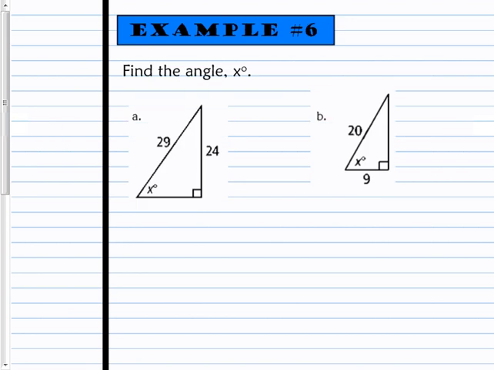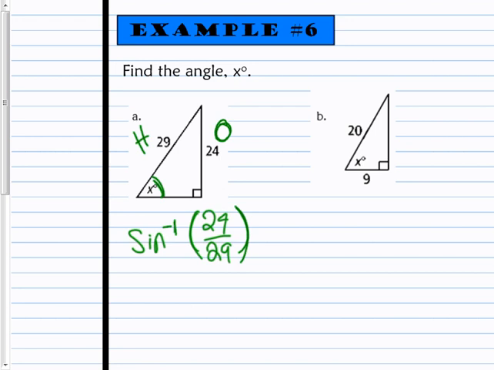Find angle x. From the perspective of this angle, this is the hypotenuse, and this is the opposite side. So we're going to do the inverse sine, because we are finding the angle, opposite 24 over hypotenuse 29. So on your calculator, 24 divided by 29, make sure you press equals, because you're finding out what 24 divided by 29 works out to be.